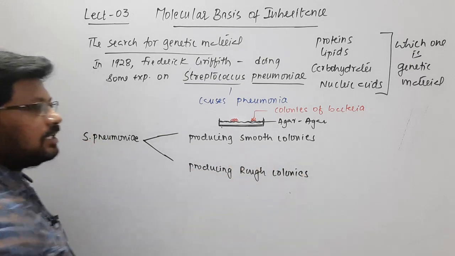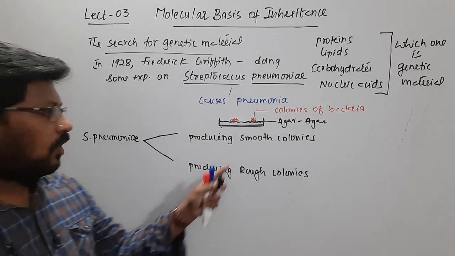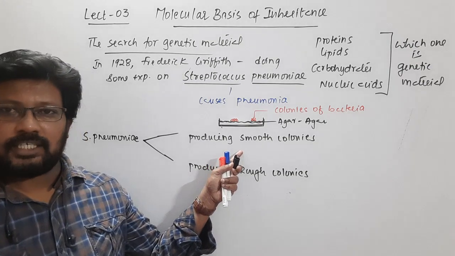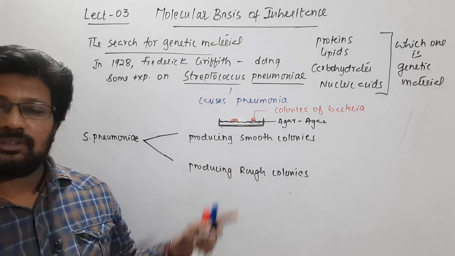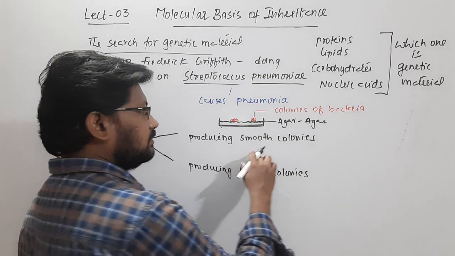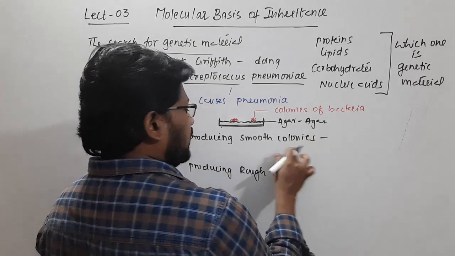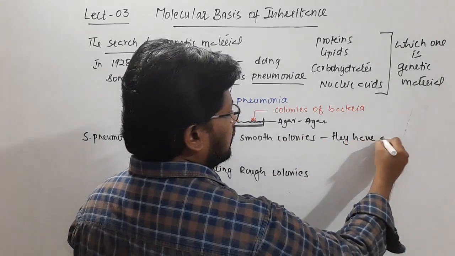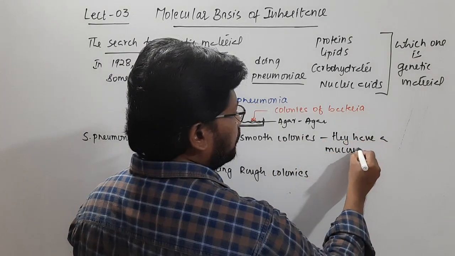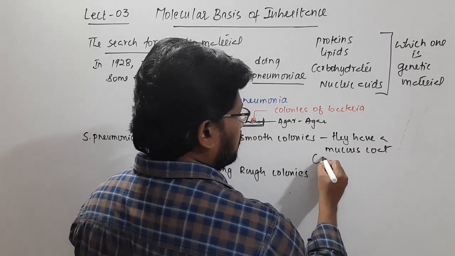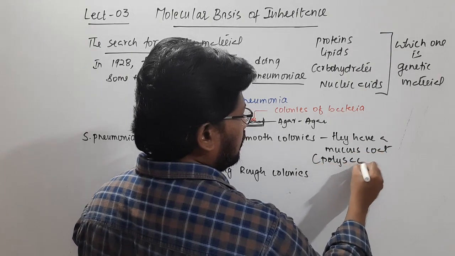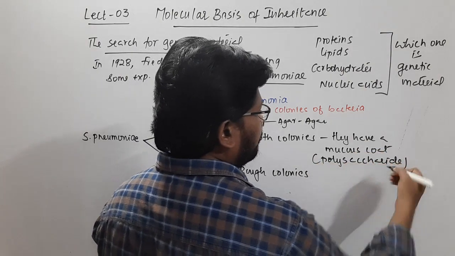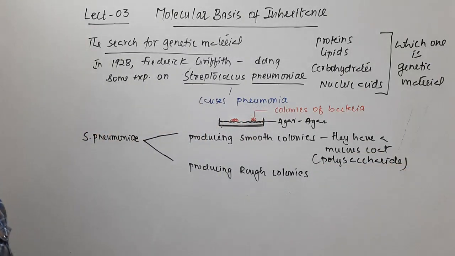When seen under the microscope, some colonies are shiny. It is due to the presence of a mucus coat in this bacteria. They produce smooth colonies because they have a mucus coat. This mucus coat is a polysaccharide.